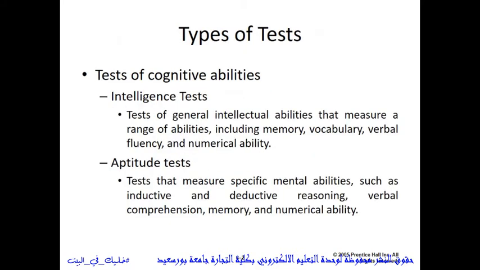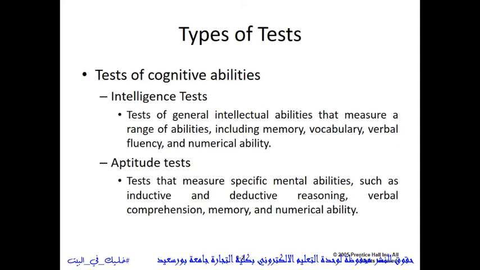There are some other types of tests which focus on cognitive abilities, the cognitive abilities of the employees. The cognitive abilities tests may be classified into two major types. One of them is the intelligence tests, and intelligence tests are very famous.